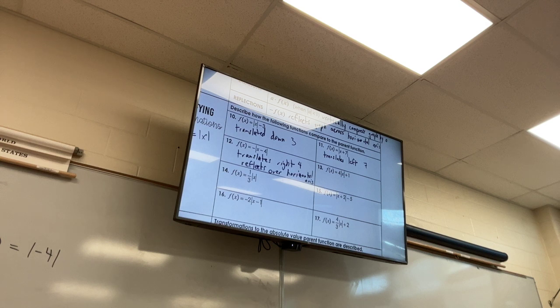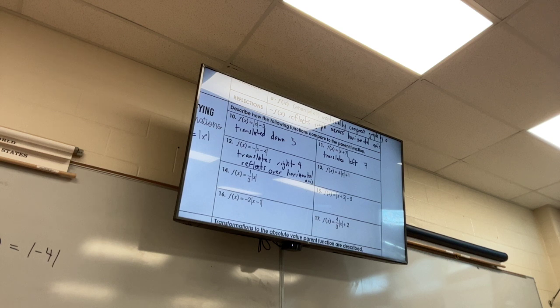Instead of saying all of that, can we just say it reflects? No, you want to say the horizontal axis. Definitely want to say the horizontal axis, because there's going to be situations when it does the vertical as well. And in pre-calc, you're going to have to know. Yep. All right.